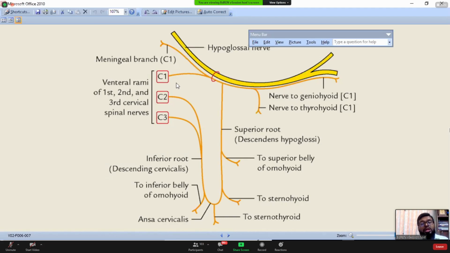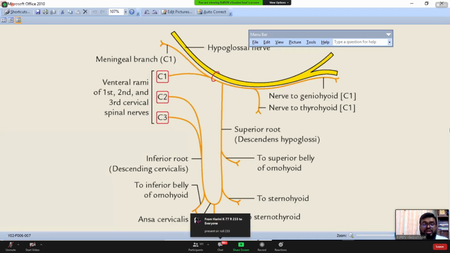How? You see, some fibers are carried with the descending branch of the hypoglossal nerve. This is carrying the C1, and this goes down. And C2 and C3 make a loop-like structure, go around, and then meet with the descending one from the hypoglossal and complete the ansa cervicalis.